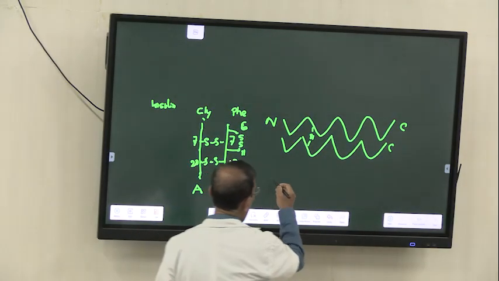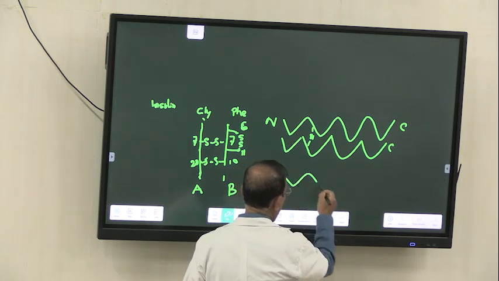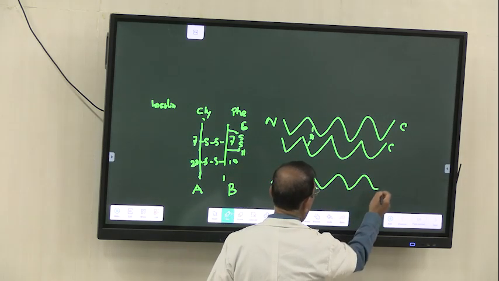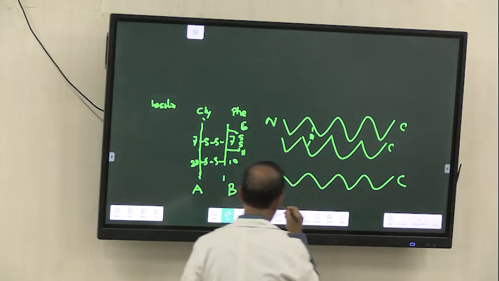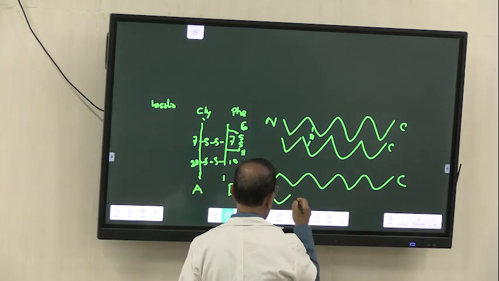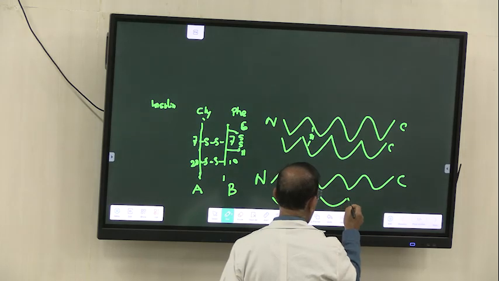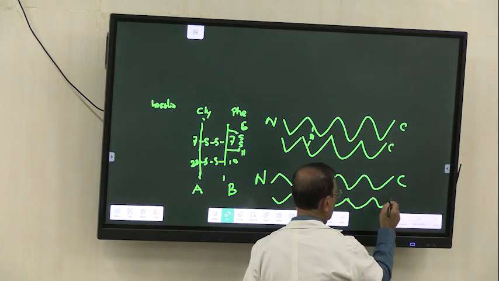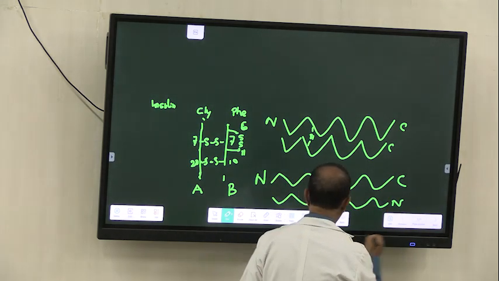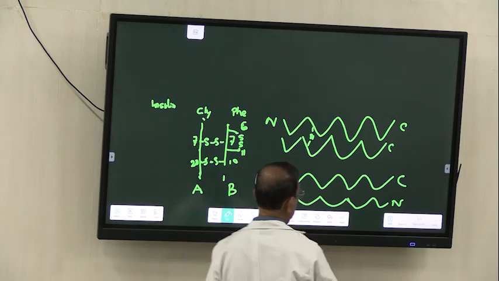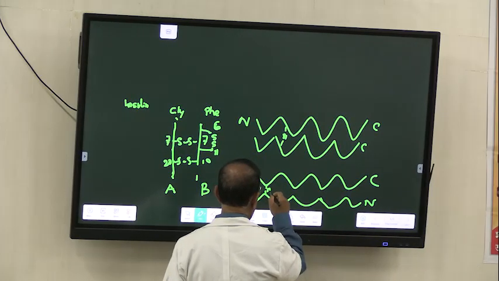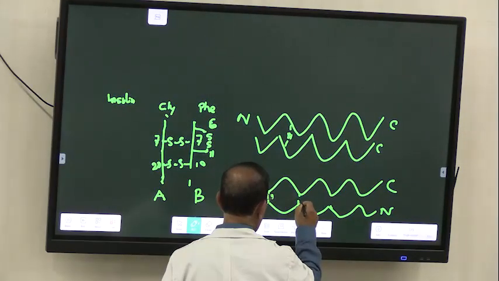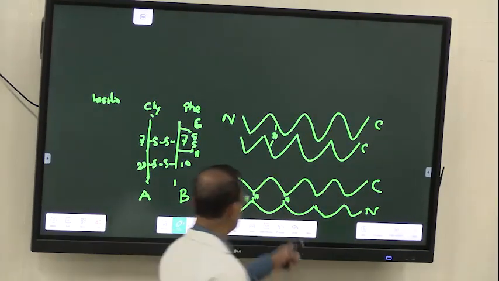That means two polypeptide chains are arranged in opposite direction.